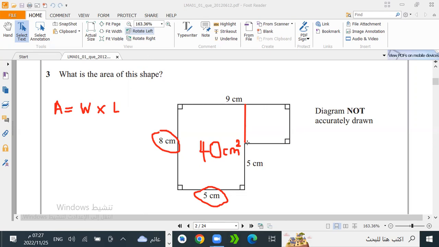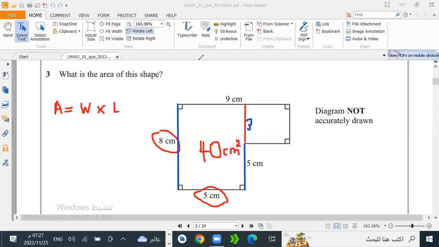But let's check. This part is 5, and the part opposite it is 8. So this part is what? 3. Good. It's 3.